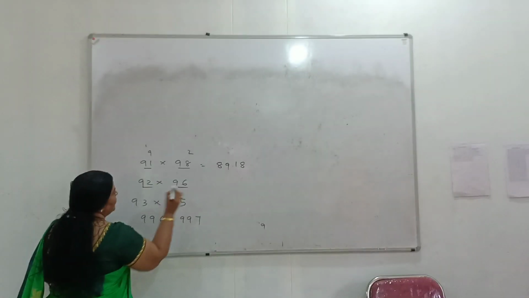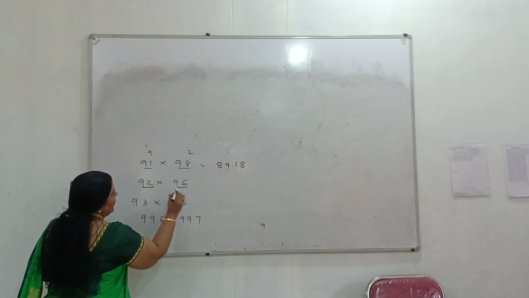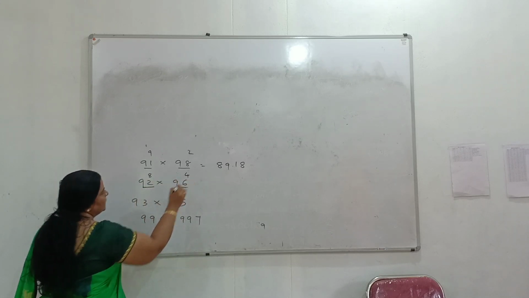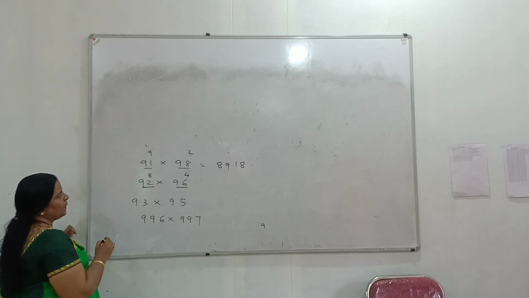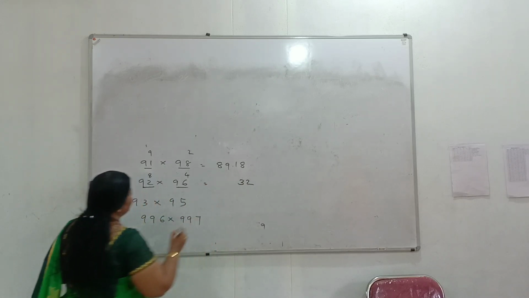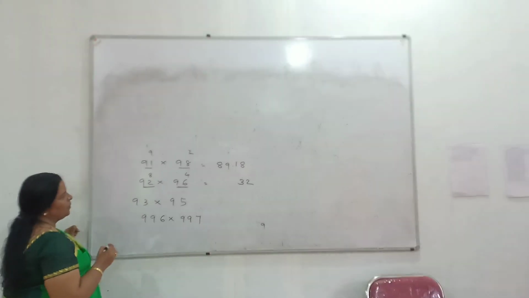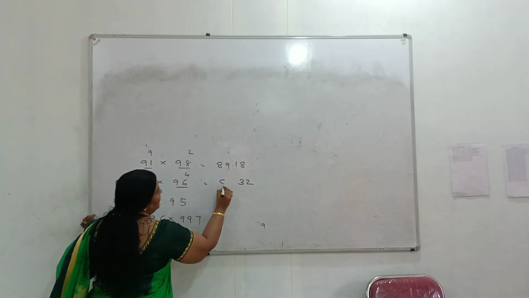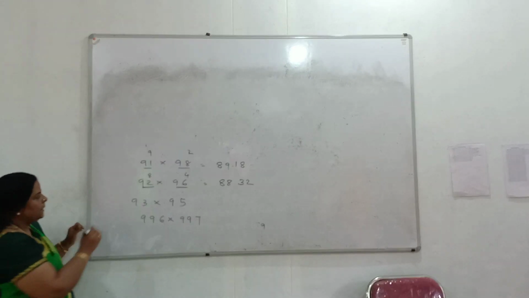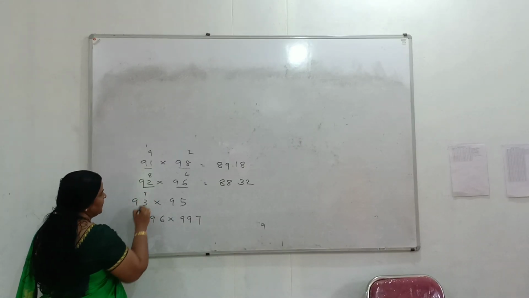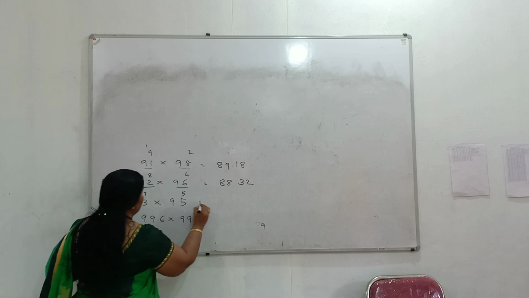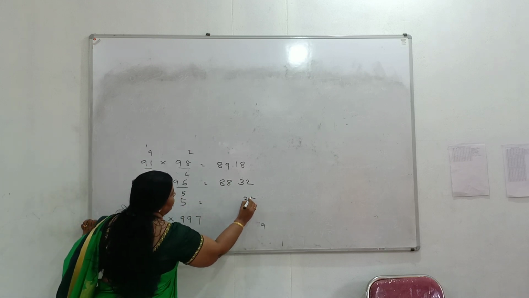Like that. Mark line here. 8 here, 4 here, to reach 100. Product of 8 and 4 is 32 and take the sum of these two numbers, 188, put 88 only here. In order to reach 100, put 7 here and put 5 here. Product of 7 and 5, 35.